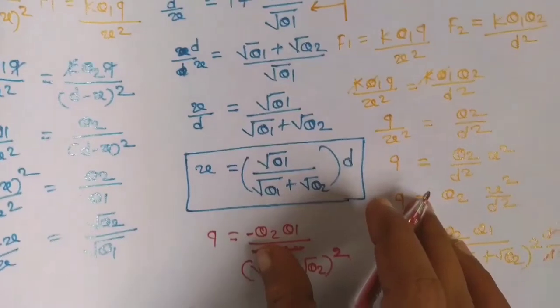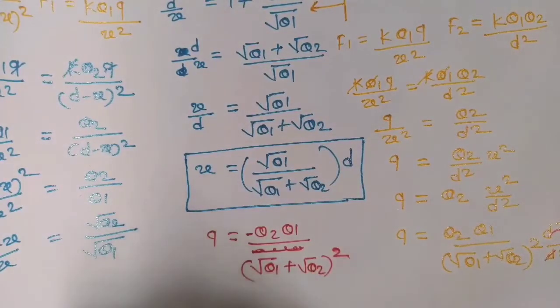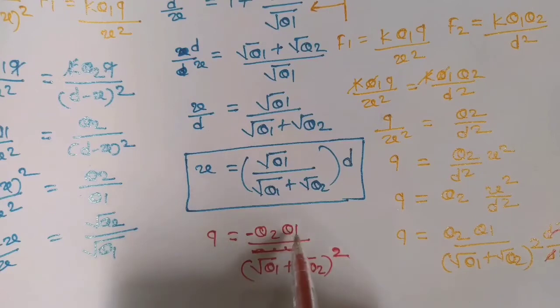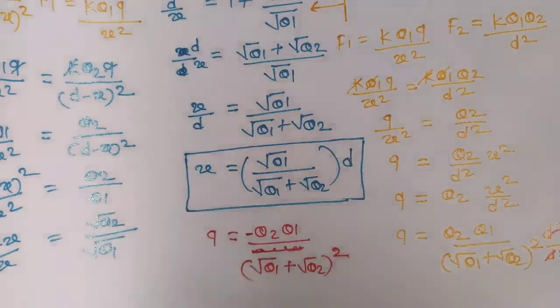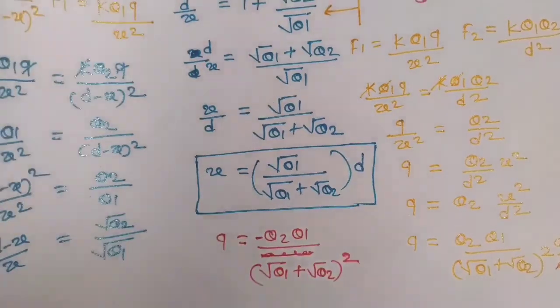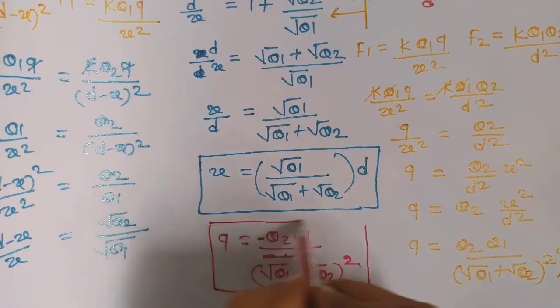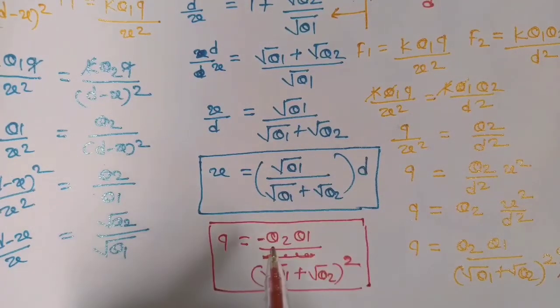When we have to find the magnitude of the unknown charge, we can use this formula: the multiplication of the known charges divided by the square of the addition of their square roots. So Q is equal to minus Q2 into Q1 upon, under root Q1 plus under root Q2 whole square.